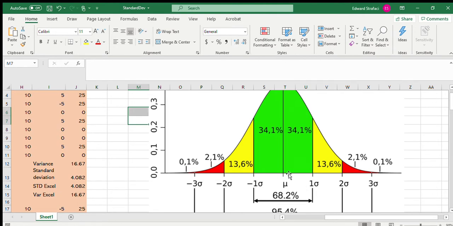So between 6 and 14 points, we would expect this player to score between 6 and 14 points 68% of the time. And if we double our deviation, which is say 8 points, well then 10 plus 8 is 18, and 10 minus 8 is 2. We would fall generally 95% of the time between 2 and 18 points.